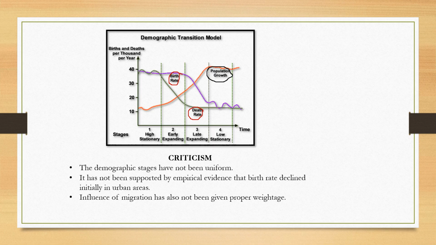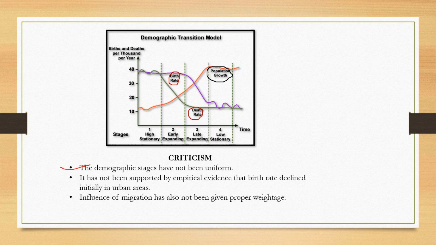See, each theory has some criticism. It is very common, but the theory is important in some aspects. We have to read the criticism also. Main three criticisms I have written down here. The demographic stages have not been uniform. It has not been supported by empirical evidence that birth rate declines initially in urban areas, because it has been found in many researches that a few developed nations, in spite of having rural characteristics, still saw birth rate decline.